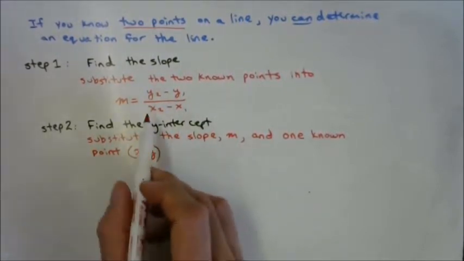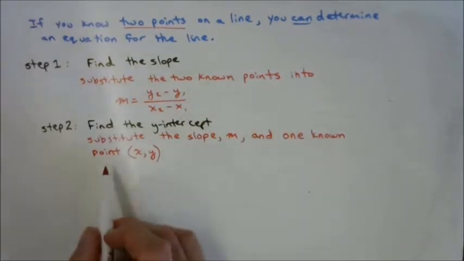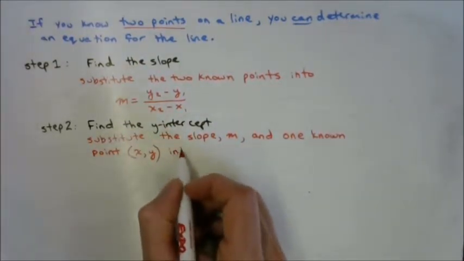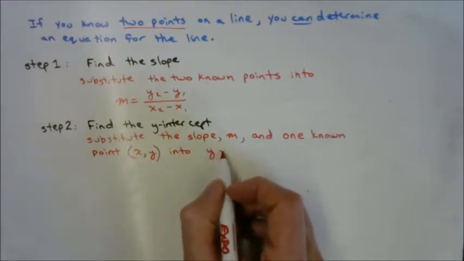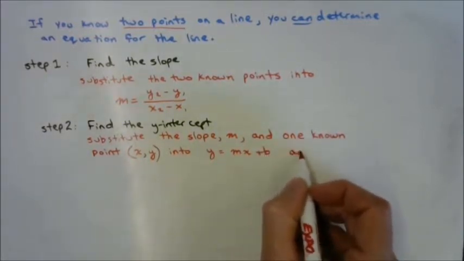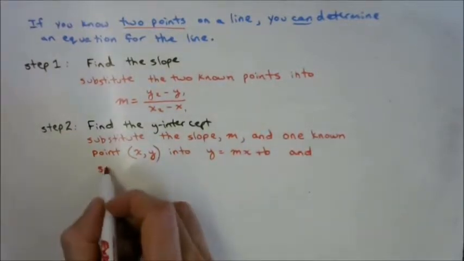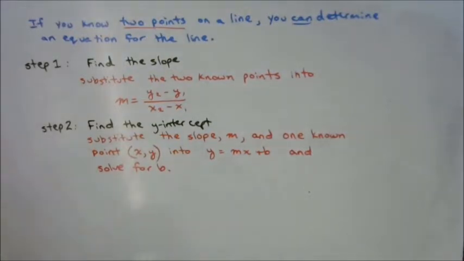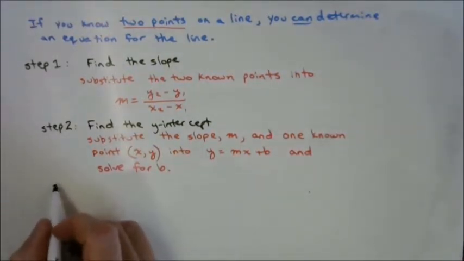Substitute the slope m, which you just found in step 1, and one of the known points, which they give you in the question, into y equals mx plus b, and solve for b. Step 3.